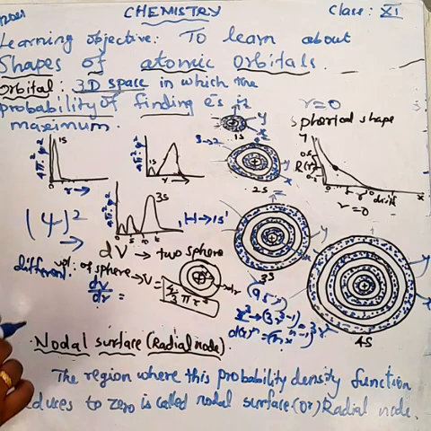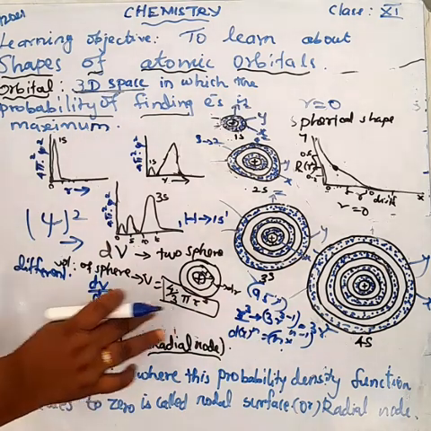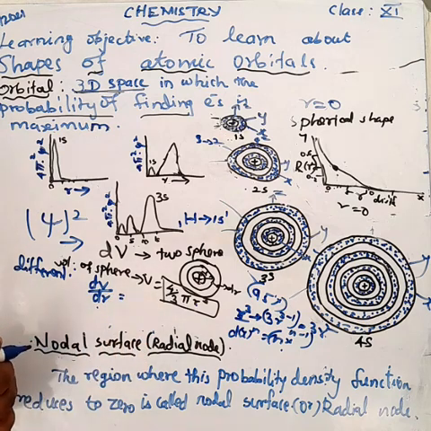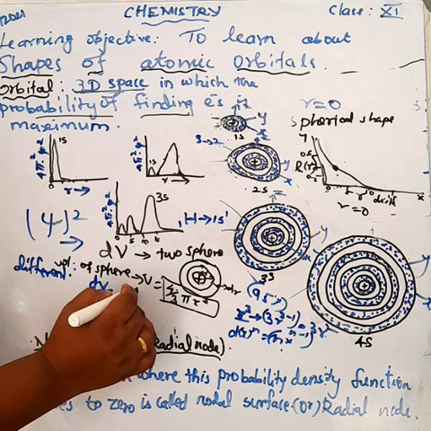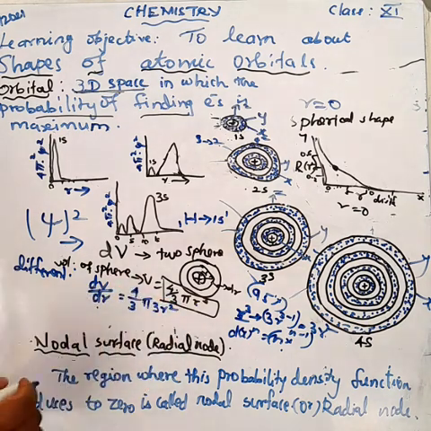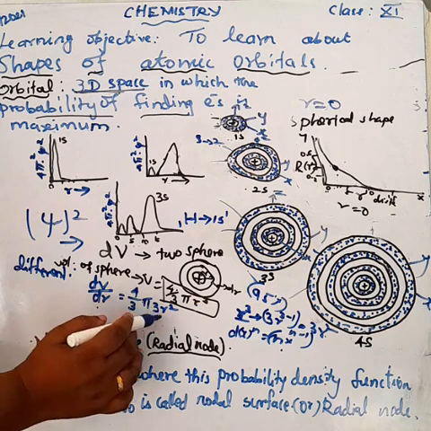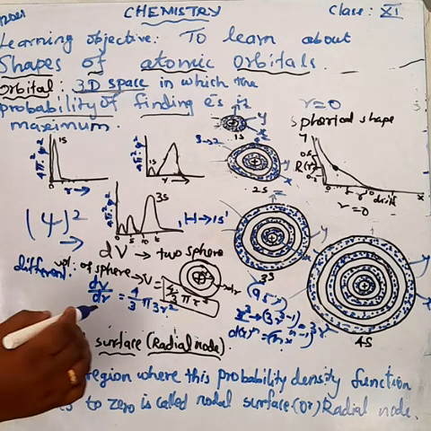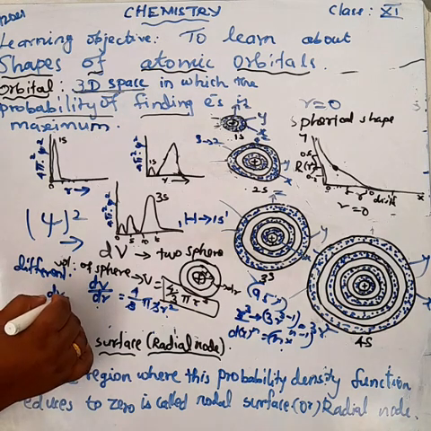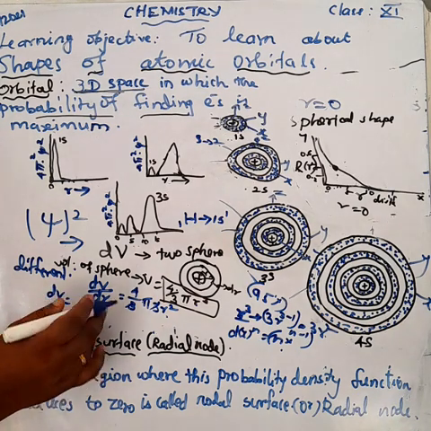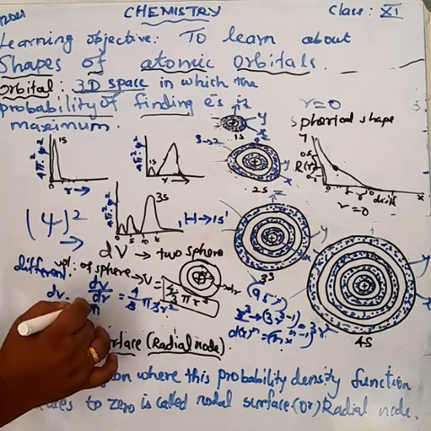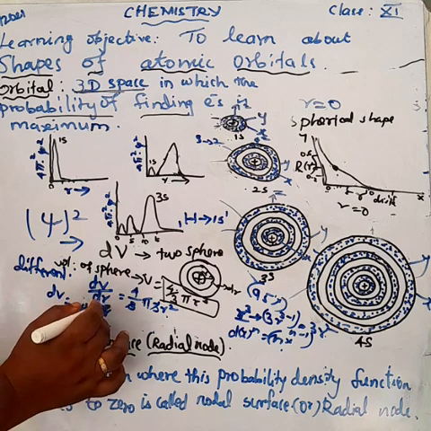Applying this, we get dV by dr is equal to 4 by 3 pi into 3r square. The 3 and 3 cancel. So finally we get dV is equal to 4 pi r square into dr.